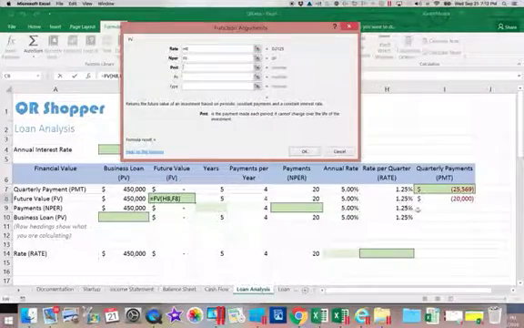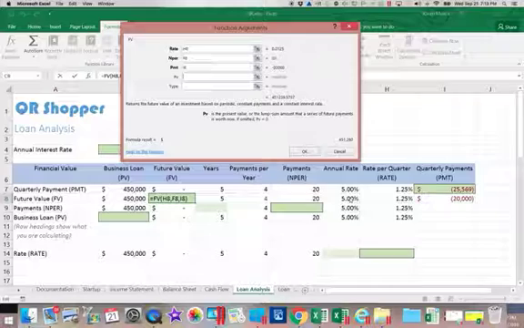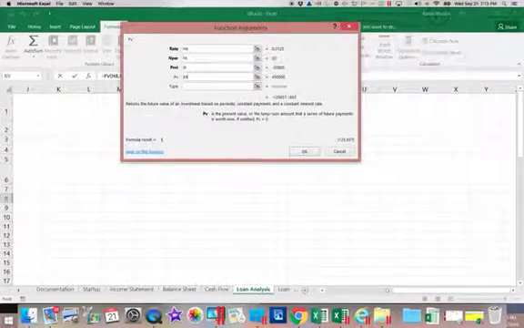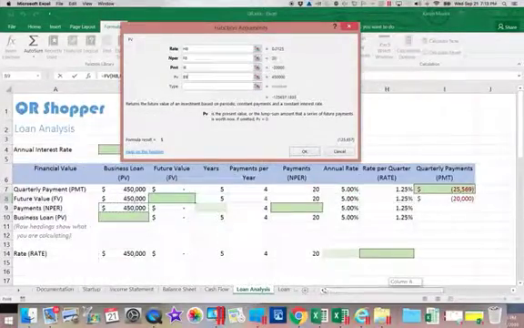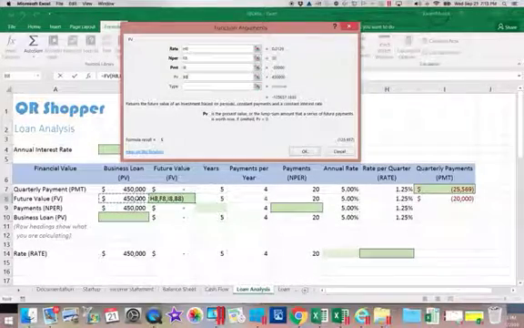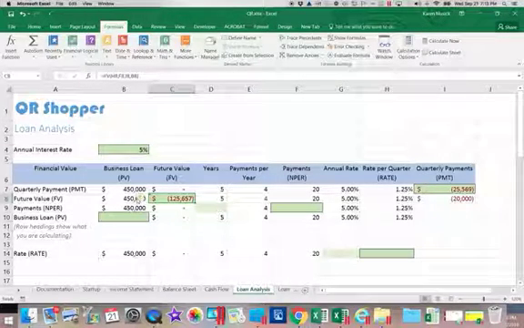This time, however, I'm changing the payment amount to the $20,000, and then I still know my amount that I borrowed. Oops, I went down to the other row, so we're going to fix that. Type is left blank, and now you can see at the end of 5 years, I would still owe over $125,000. So that's pretty substantial.